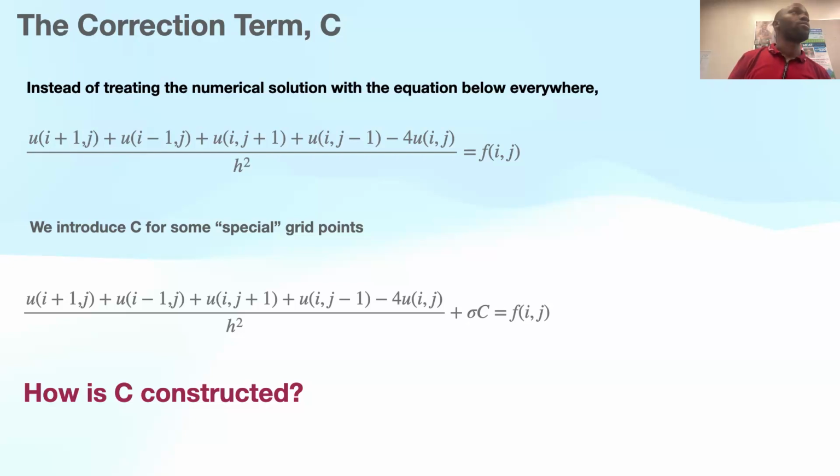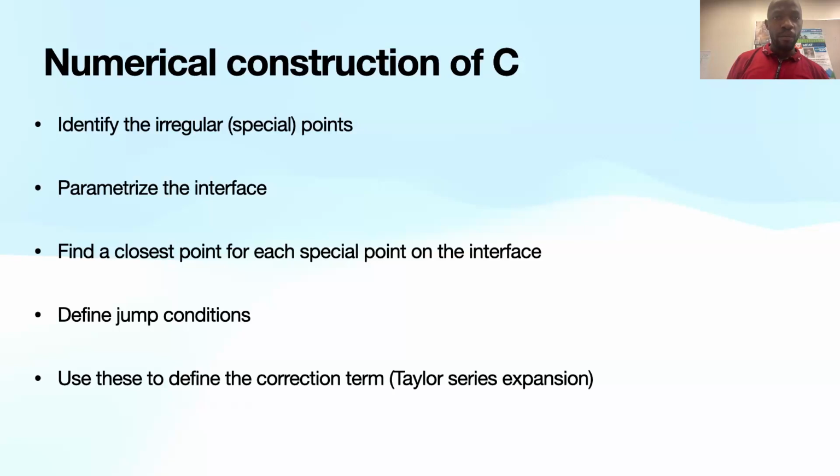The numerical construction of C takes some steps. I want to figure out what I call the irregular points. For example, if I now draw something else here.